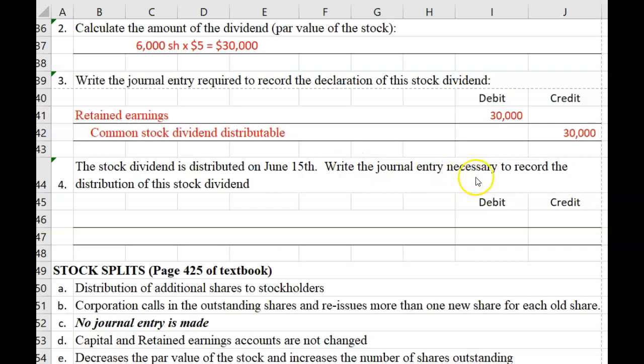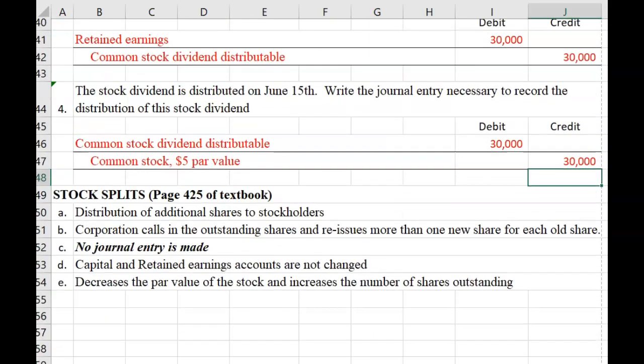Write the journal entry necessary to record the distribution of this stock dividend. Debit common stock dividend distributable, $30,000. That zeroes out this obligation. And credit common stock, $5 par value, $30,000, because we actually distributed the stock on June 15th.